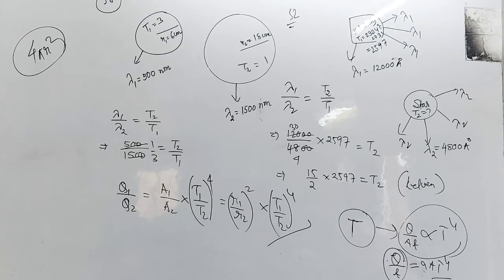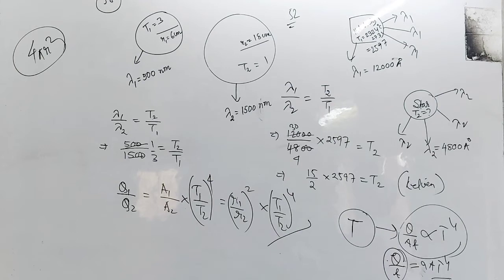The majority of the radiation produced by this black body at 200 Kelvin will have 14 micrometer. However, when the temperature is increased to 1000 Kelvin, what will be the new wavelength of the majority radiation?